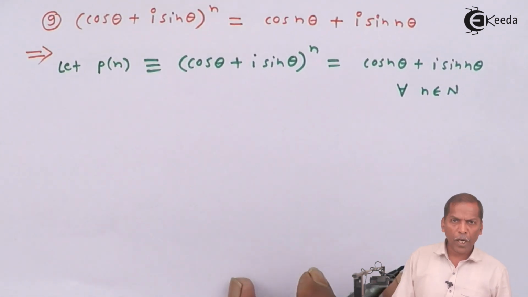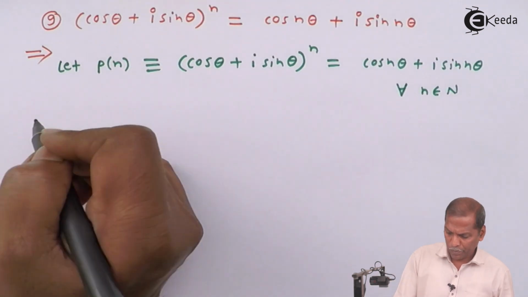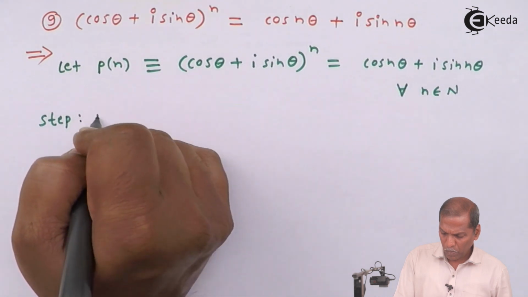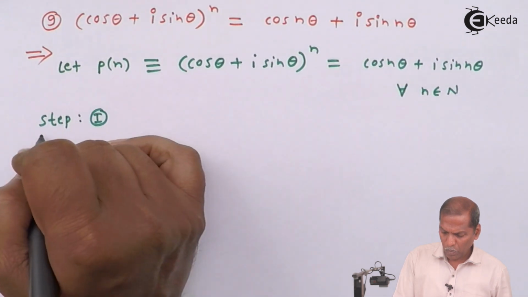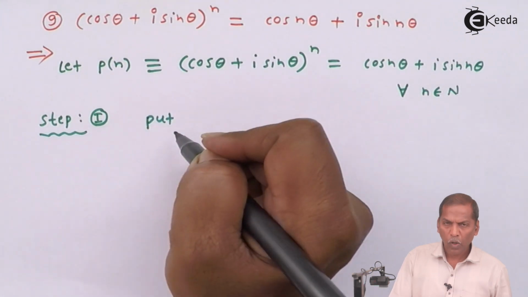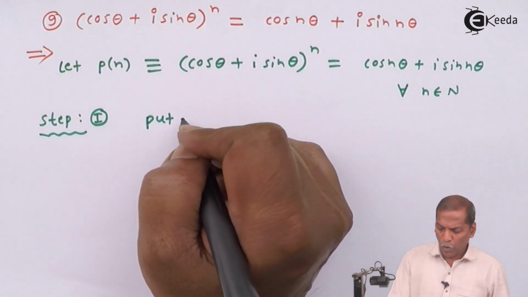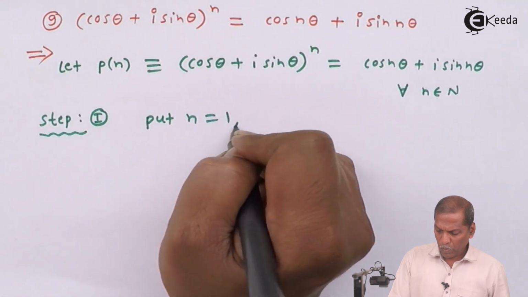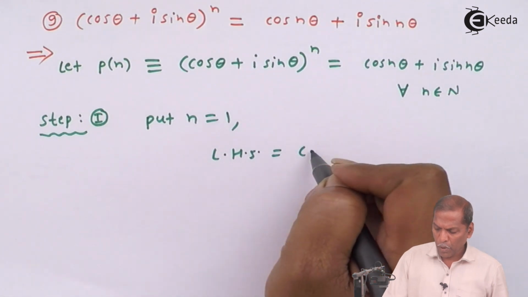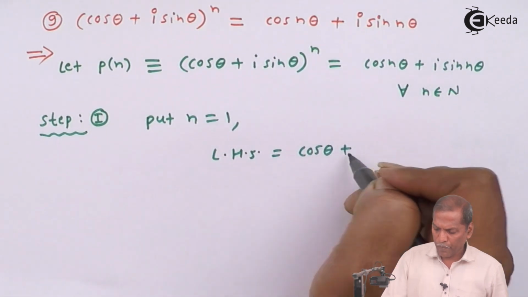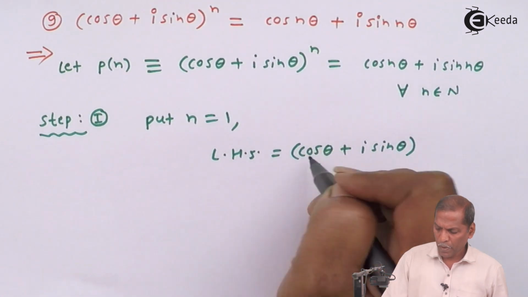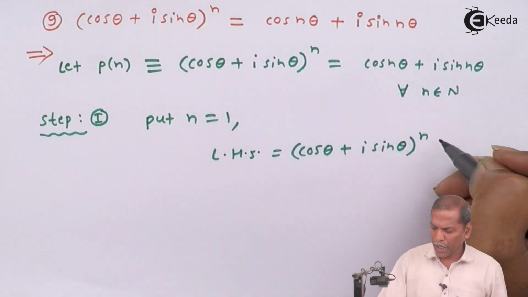Now here we consider step number 1. Put n equal to 1. So we get LHS equal to (cos theta plus i sin theta) raised to n.